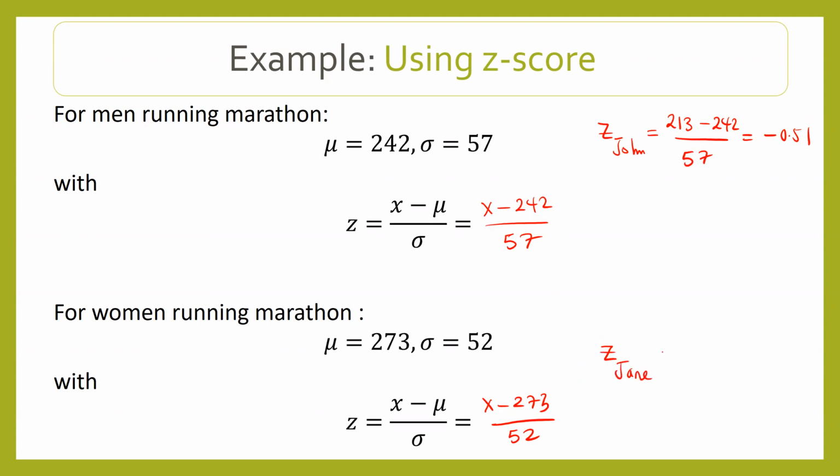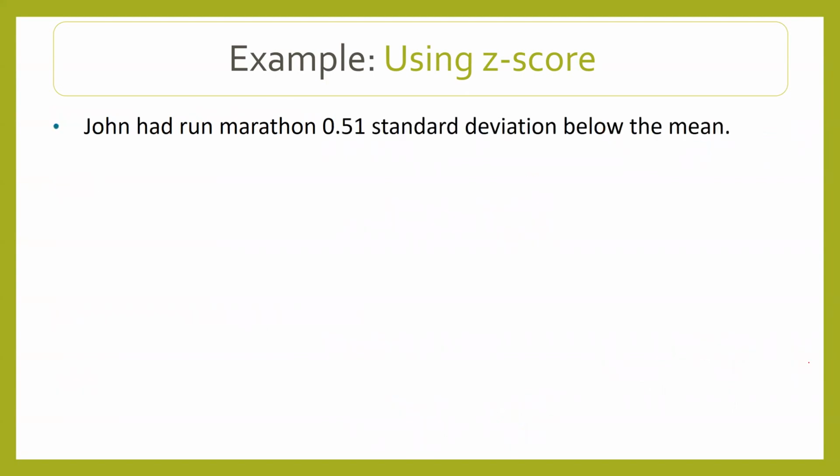Jane finished in 241 minutes, and that would be 241 minus 273 divided by 52. If you compute this with your calculator, you're going to get minus 0.62. Based on our previous example, obviously, John ran the marathon 0.5 standard deviations below the mean, because we got a z-score which is negative.